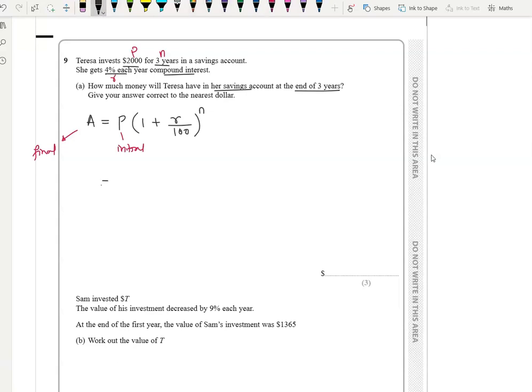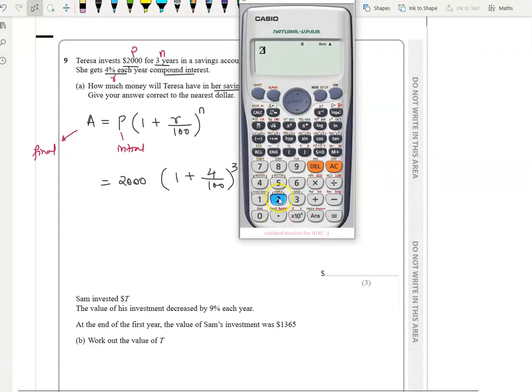So we have 2,000 bracket 1 plus rate of interest 4 upon 100 for 3 years. Now we put this in the calculator. So you get 2,000 times 1 plus 4 over 100, close the bracket, to the power 3.